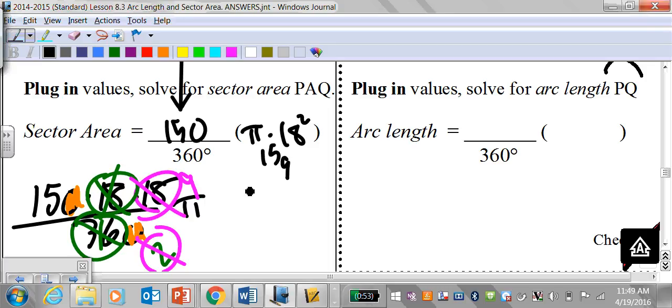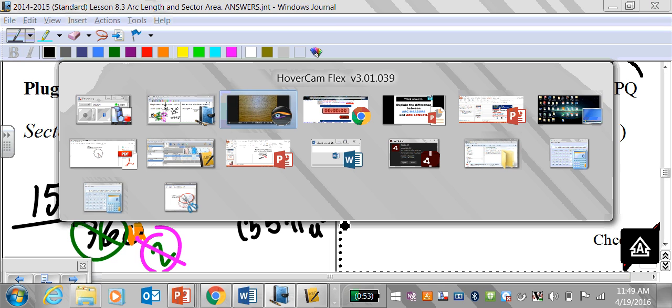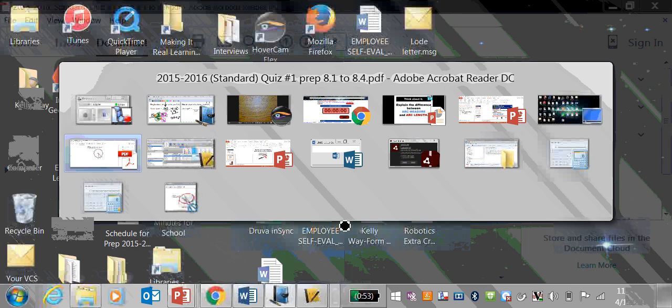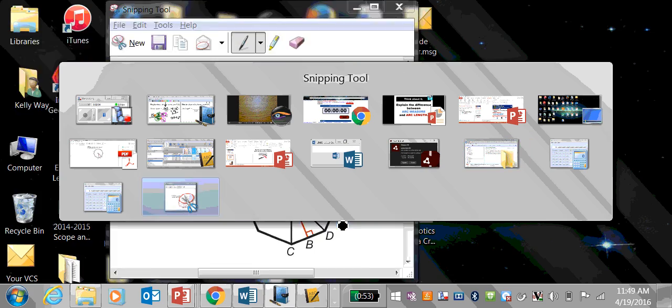And then we're going to do 9 times 15 by hand, because you're smart like that. I know you guys are so dependent on calculators. Try it again. 135 pi units squared. Ta-da! Okay, you do the one on the right, that's arc length, and then go check. You do the arc length on your own.